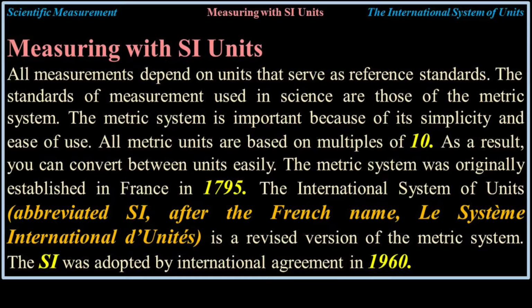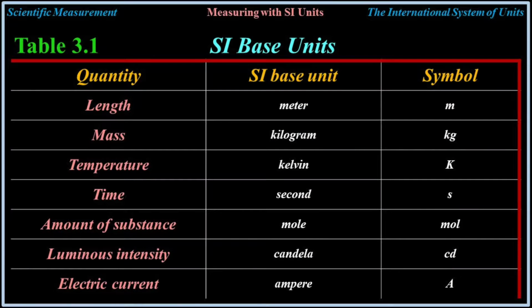The International System of Units, abbreviated SI after the French name, Le Système International d'Unités, is a revised version of the metric system. The SI was adopted by international agreement in 1960. So the metric system as we know it is actually a subset of the SI.